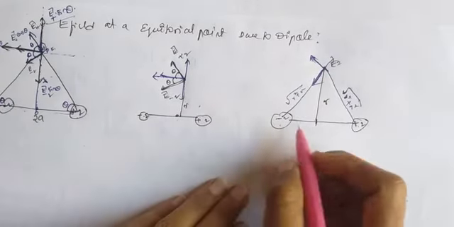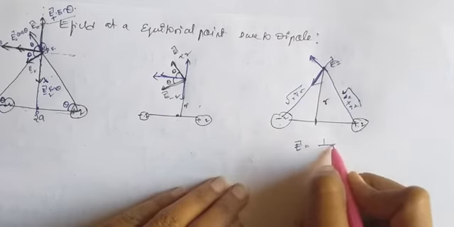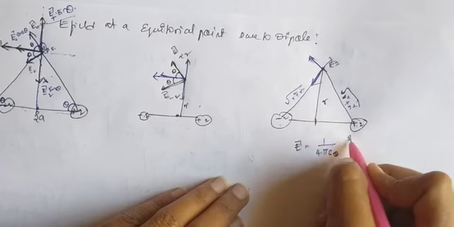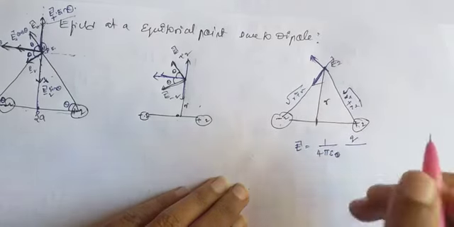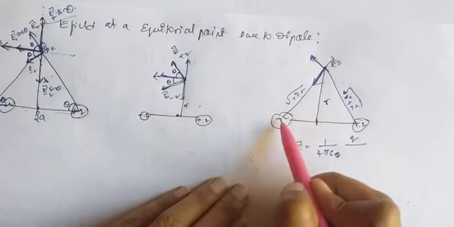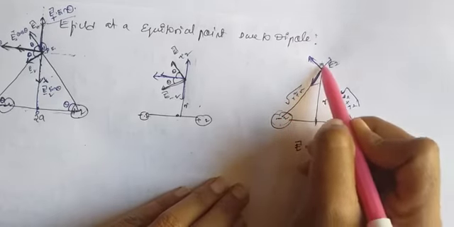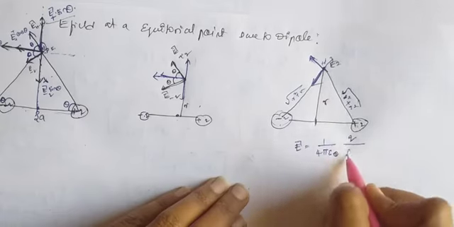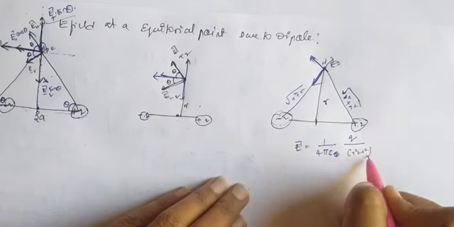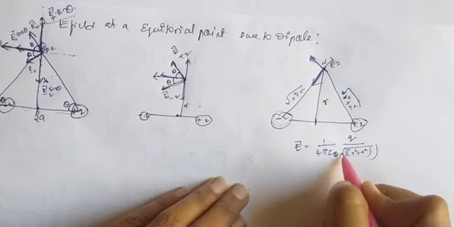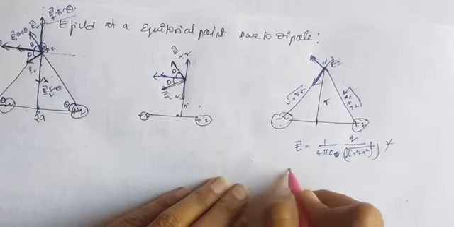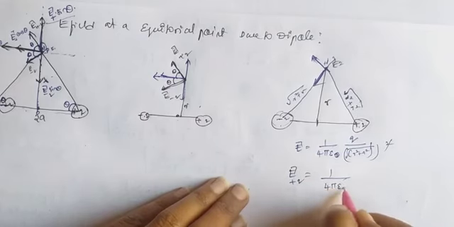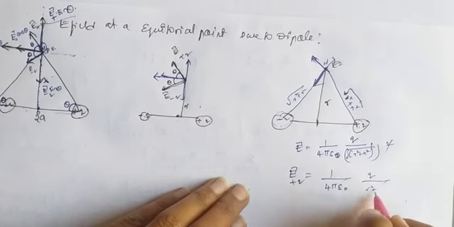So the electric field is equal to 1 by 4 pi epsilon naught, q by r square, where r square means the distance from minus q to this point, which is under root r square plus a square. Under root r square plus a square, whole square, the square root cancels. So the electric field due to positive charge is 1 by 4 pi epsilon naught q by r square plus a square.